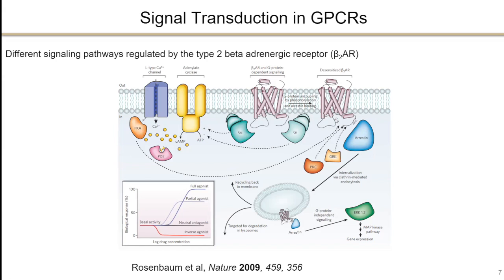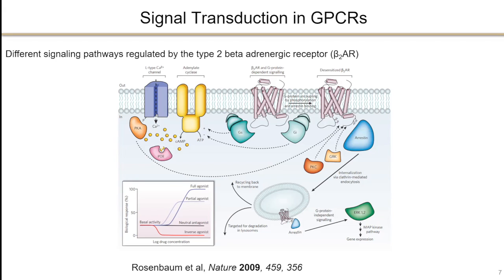Here I want to mention that, depending on the ligand's interaction with the protein, the biological response can be different. So if the biological response is kept, that ligand is called a full agonist.